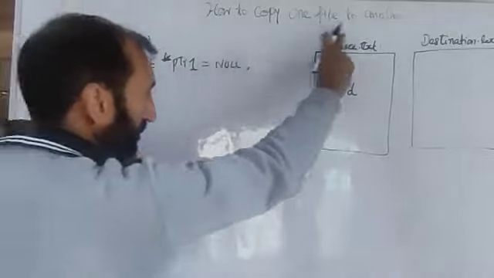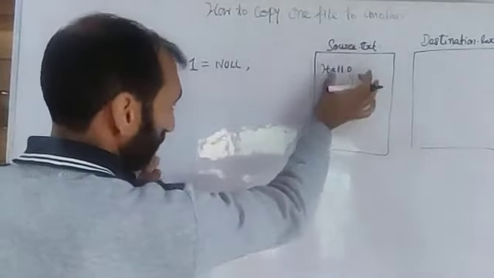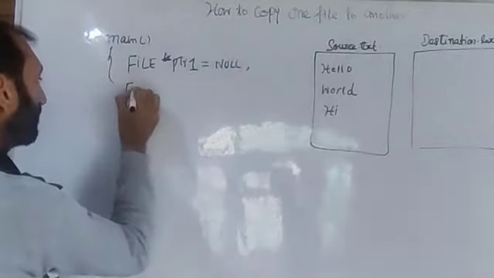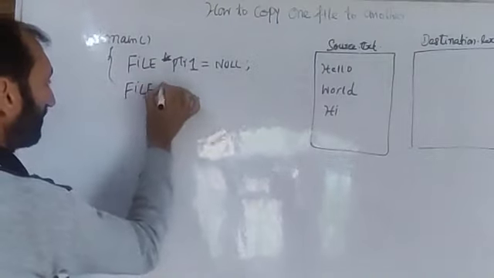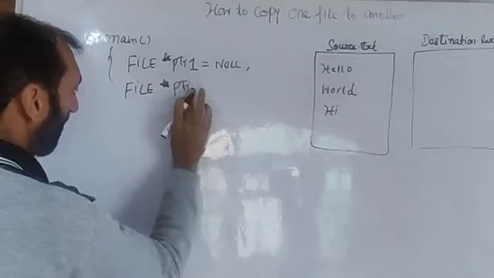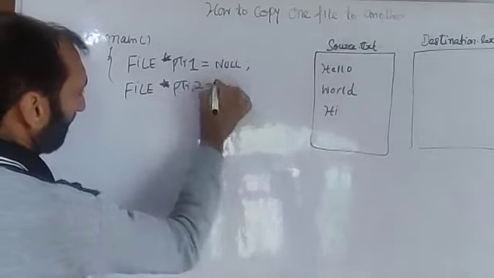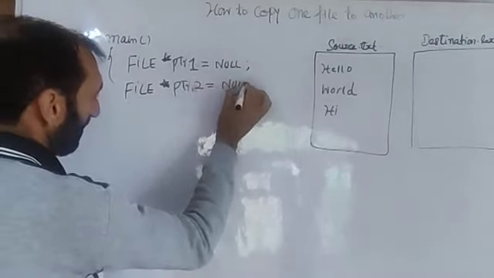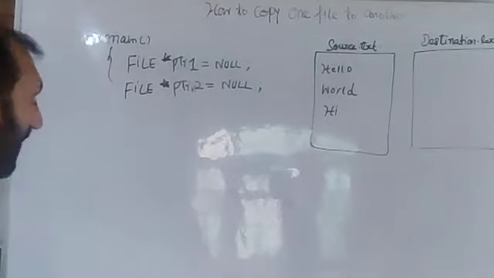This ptr1 is for the source file, and we also need another file pointer, ptr2, which is also initially initialized with NULL.